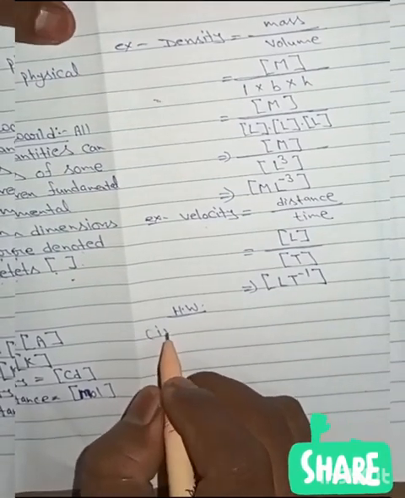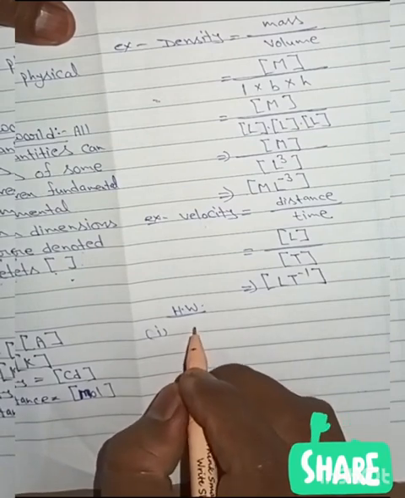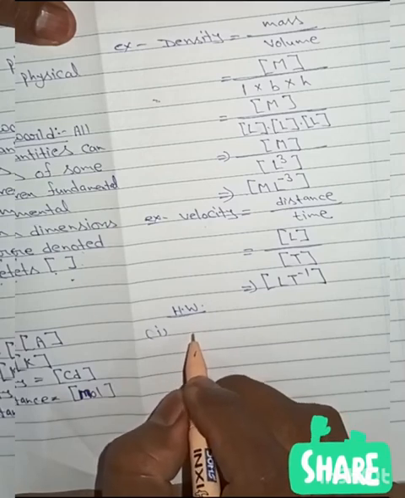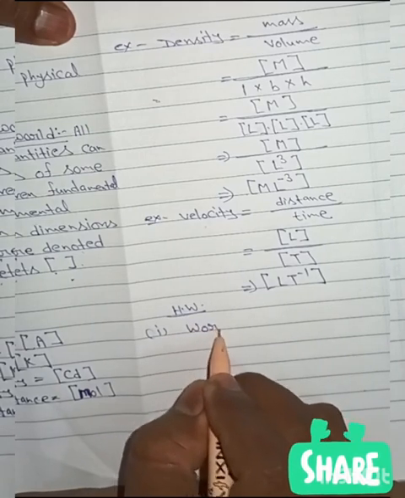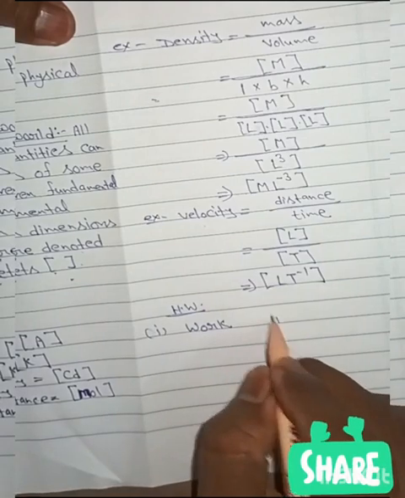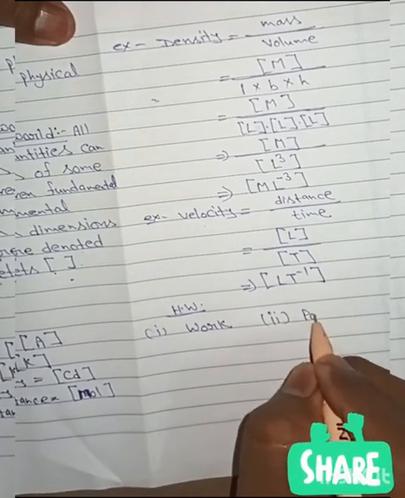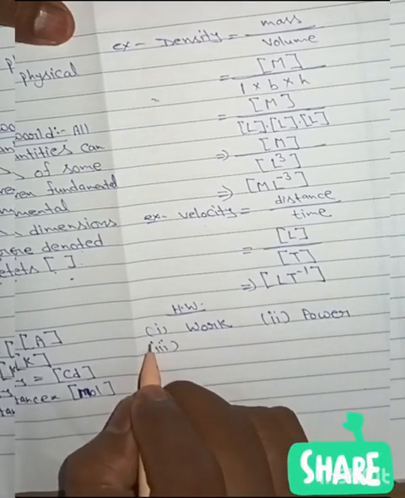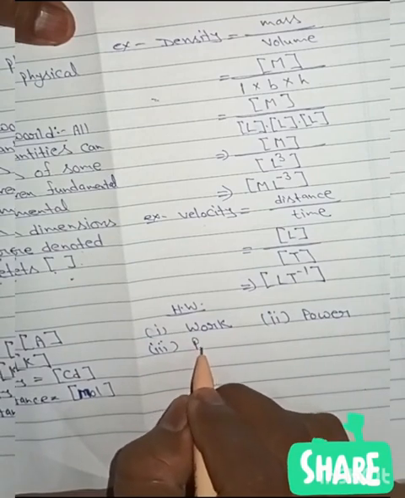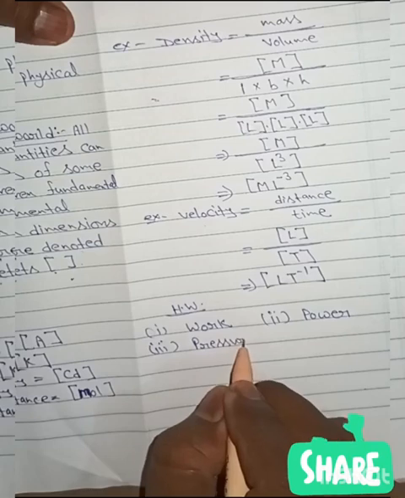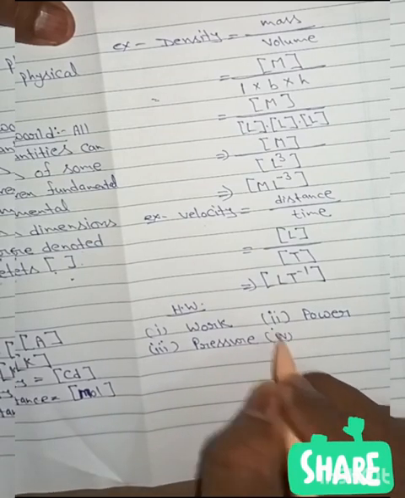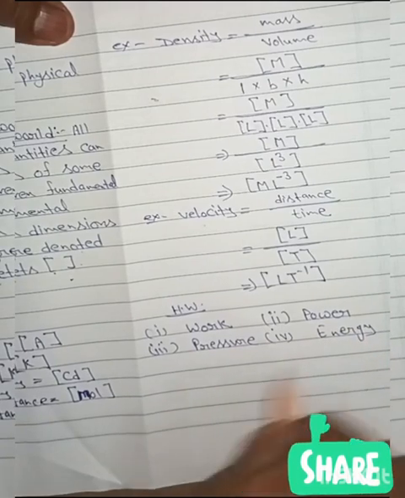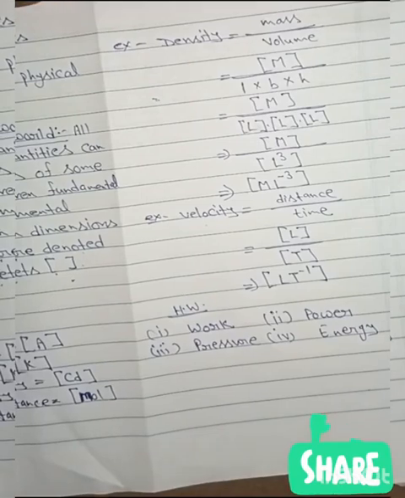First one is work, second one is power, third one is pressure, and then energy.